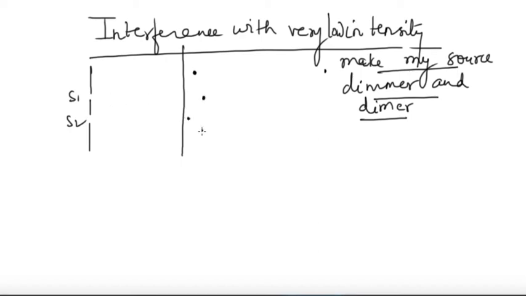This was a very different observation. It was really surprising that if I make my source very dim, then instead of a very dim interference pattern, I get spots.